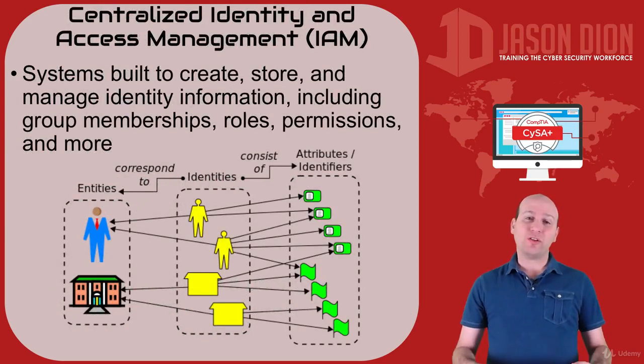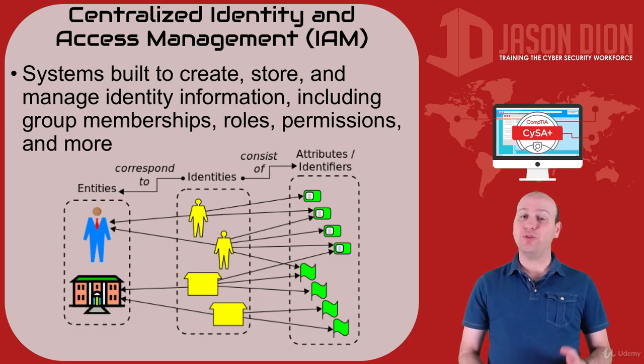Now, these identity systems can be on each individual machine. For example, on your laptop that you're watching this on, you have a username and password, but it's probably not connected to a domain unless you're at work. So in your case, it's a central database on your laptop only that gives you authentication to get onto your laptop using your name and password. Now, if you go to your work, there's probably a domain controller that centralizes this IAM, Identity and Access Management.